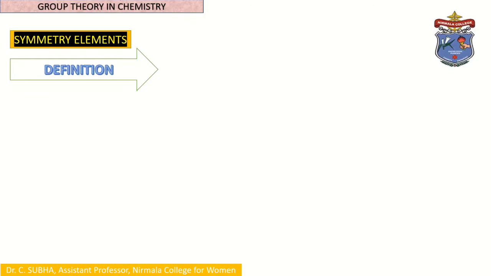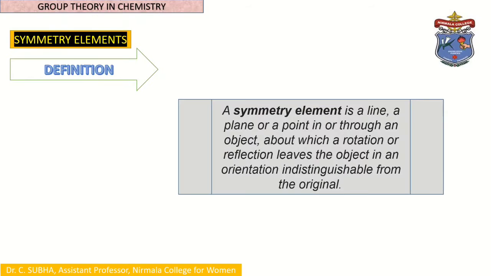The definition for symmetry elements is: it is a line, a plane, or a point in or through an object about which a rotation or reflection leaves the object in an orientation indistinguishable from the original. That is, a line or a plane or a point is considered as a symmetry element.